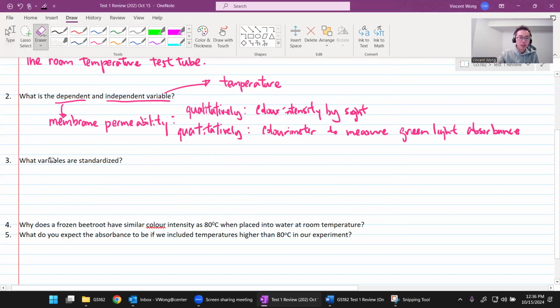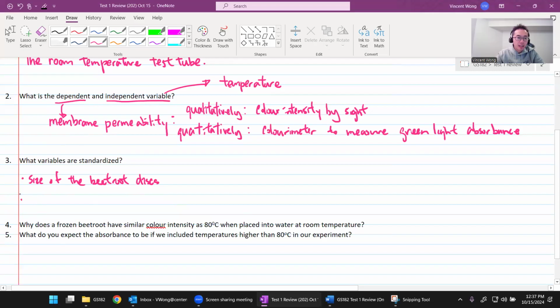So an example of that would be the size of the beetroot discs. When we cut the beetroot into little cylinders, we have to make sure that they're all the same size. If some are big and some are small, the bigger one might release more pigment, right? Then we cannot say for sure it was due to the temperature, and instead of like the size difference.